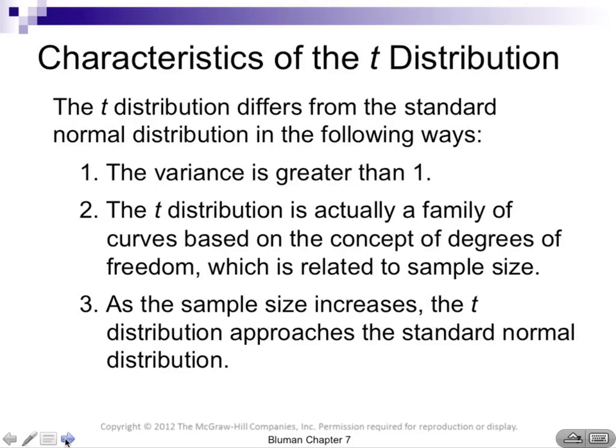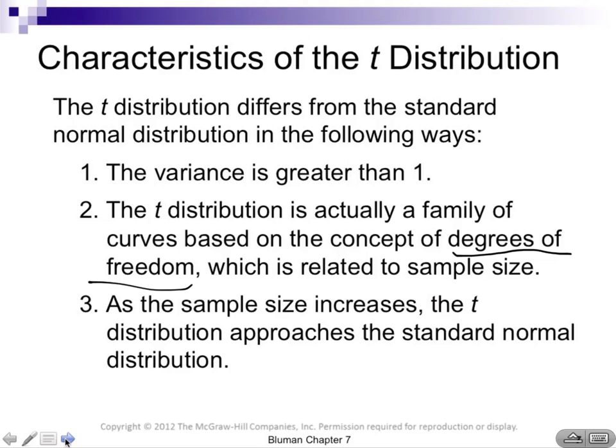Characteristics of the t distribution: it's different in that the variance is greater than 1. It's actually a family of curves based on a concept called degrees of freedom, and degrees of freedom is related to the sample size, so we're going to have to know this number, and we'll have to calculate that for individual problems.